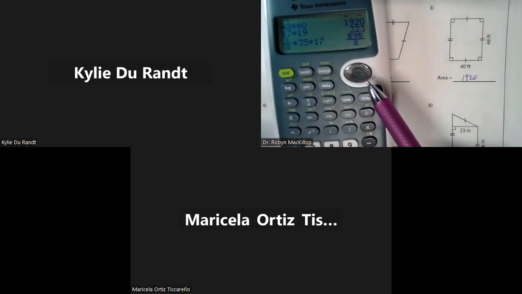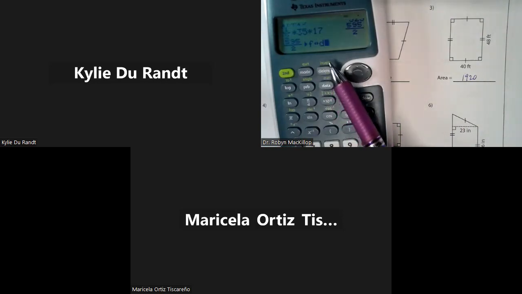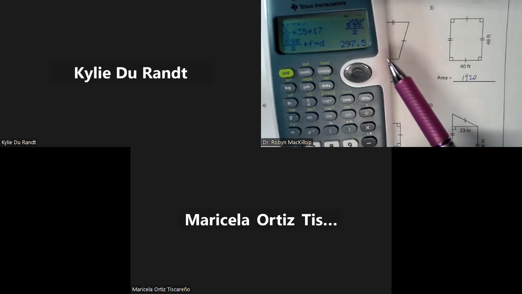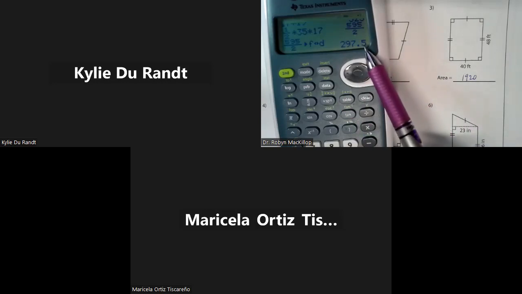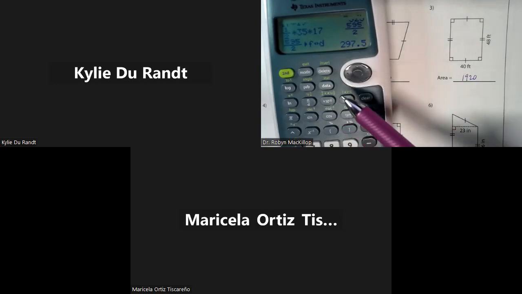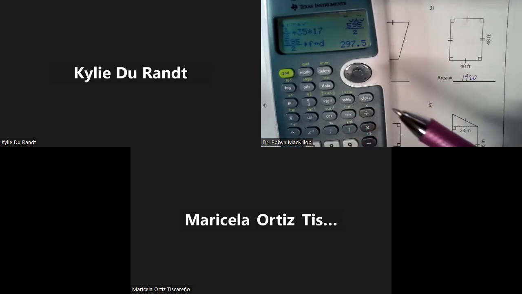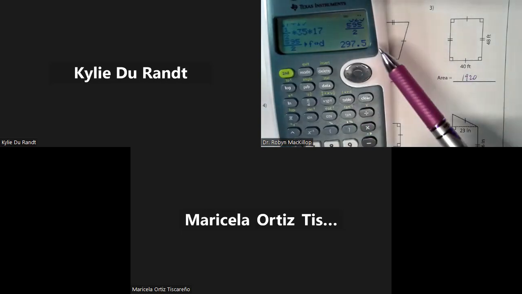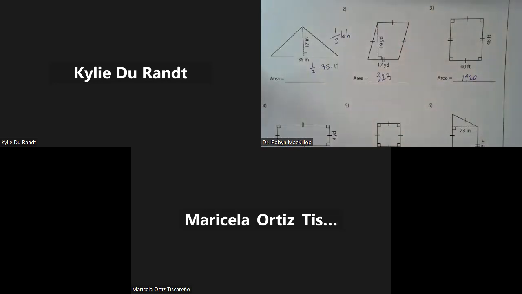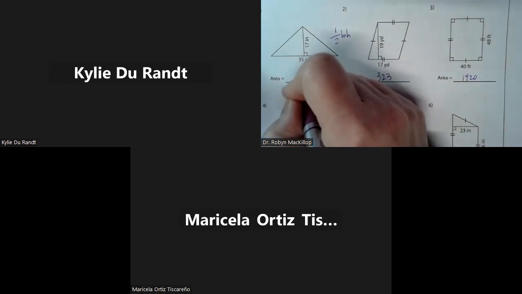So green button, fraction, toggle, decimal. There it is, even easier to see. Enter. 297.5. This is the answer that would be on your test. So it's a really good idea to practice using your calculator, getting used to the different buttons, because, oh my gosh, it makes things so much faster. But that looks like a much easier number to deal with, doesn't it? So 297.5 is the area of that triangle.